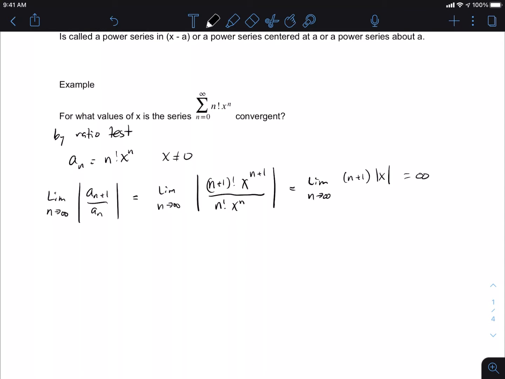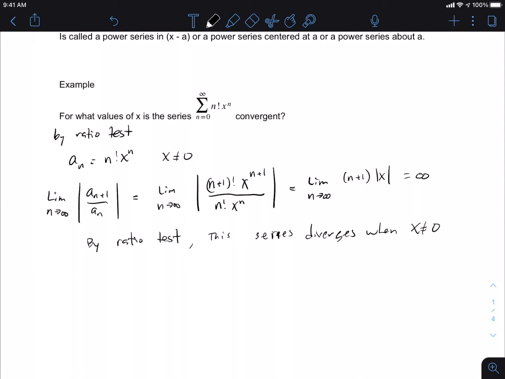And so we know by the ratio test that this series will then diverge, right? So by the ratio test, by the information that I gave you in the last section, this series diverges when x is not 0.